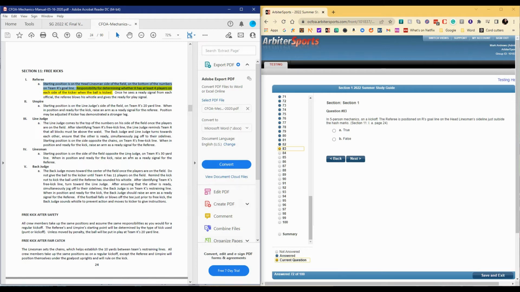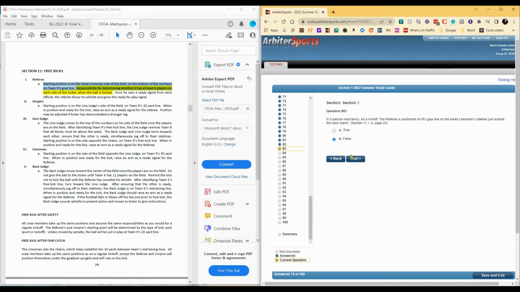They're saying hash marks in the question, and it's really the bottom of the numbers. So that's further in. That's the 9-yard mark. So all this is true except for the hash marks. So the answer is false.